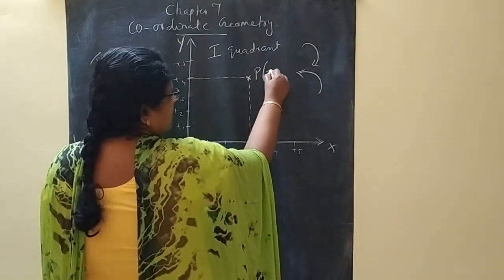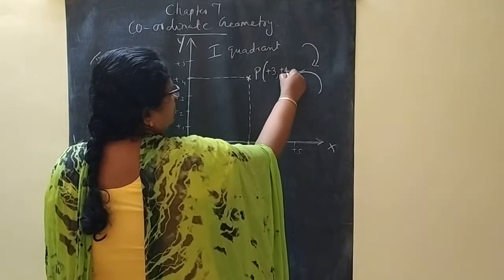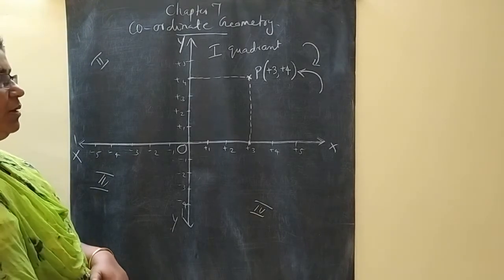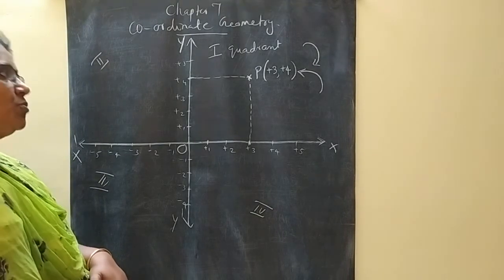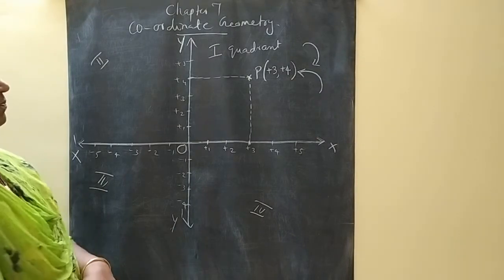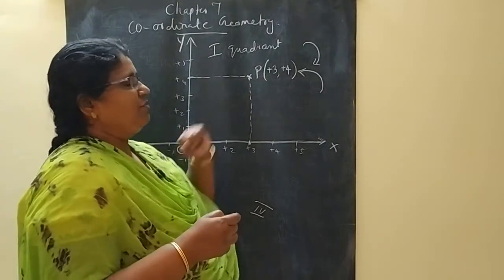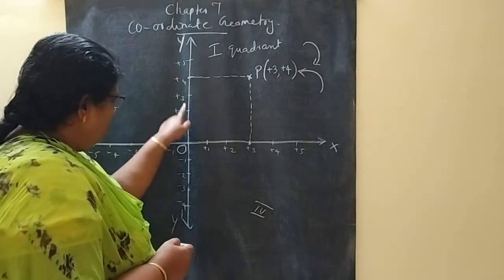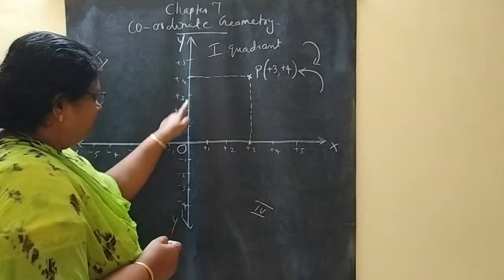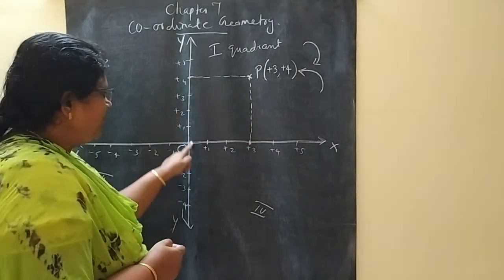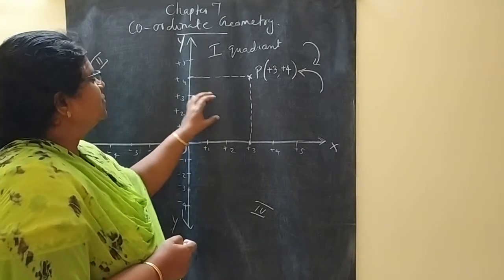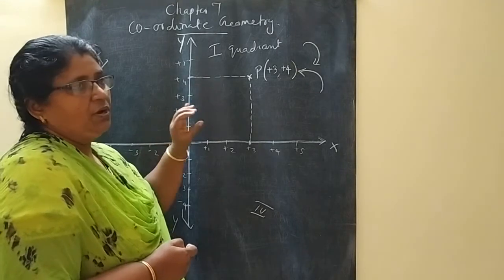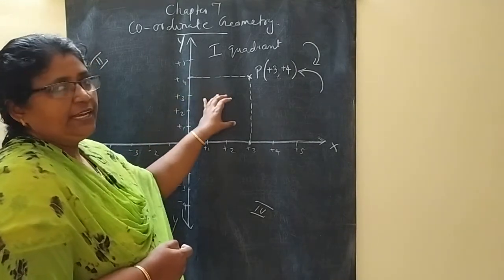So, this P is positive 3, positive 4 or P 3, 4. No need of telling positive, positive. Since it is positive, just we can tell 3, 4. So, the point P is 3, 4. While marking the point P, we got a rectangle shape here. See, one rectangle shape here. So that is why this is called a rectangular coordinate system or rectangular coordinate geometry.